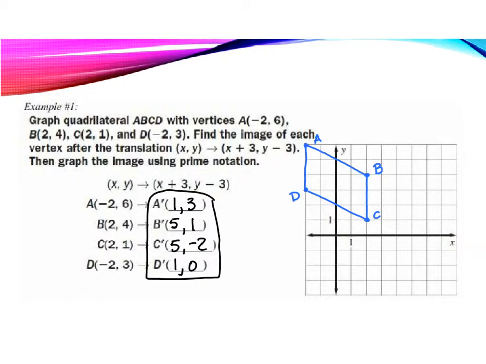So for A, this little notation right here, I call that prime. For A prime, we're going to plot the point 1, 3. So 1 up 3. And then for B prime, 5, 1. Right here. So label it B prime. C is 5, negative 2. So 5, negative 2.